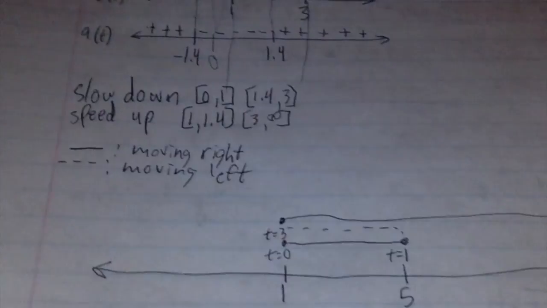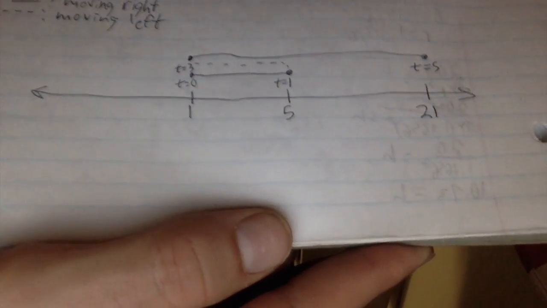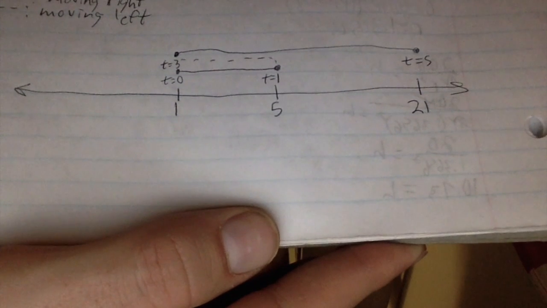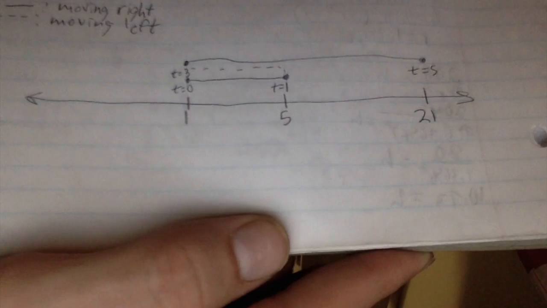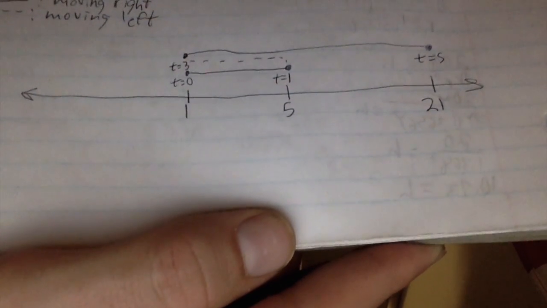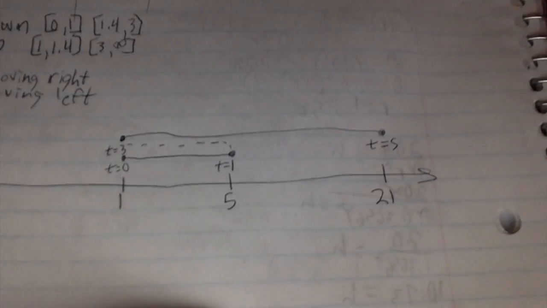So here we have our graph. It goes from 1 to 5, stops at 5 at t equals 1, moves back left to 1, stops at 1 at t equals 3, then goes right and is at 21 when t equals 5.